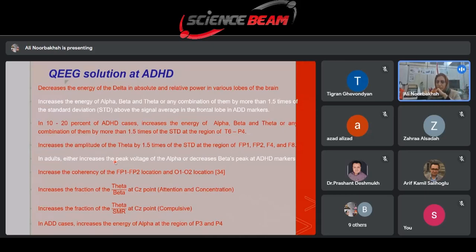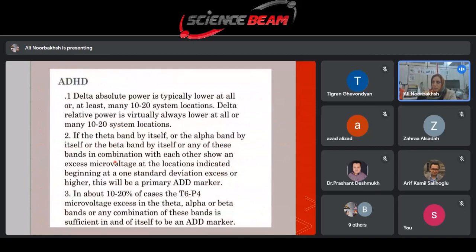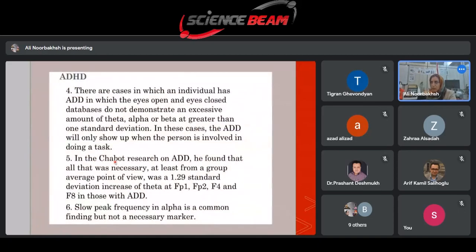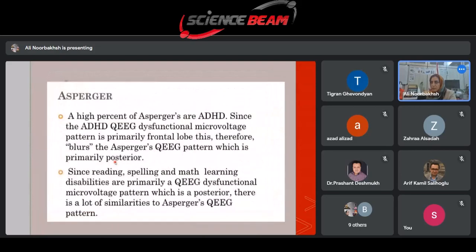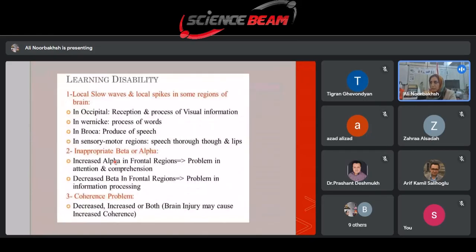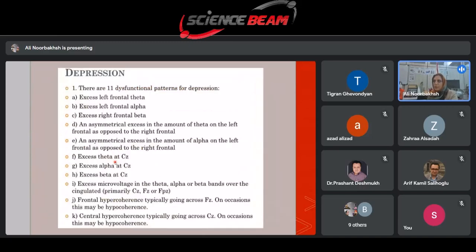In an ADD case, increase the energy of alpha at the region of P3 and P4. And Asperger, learning disability, again, you can compare them with each other.